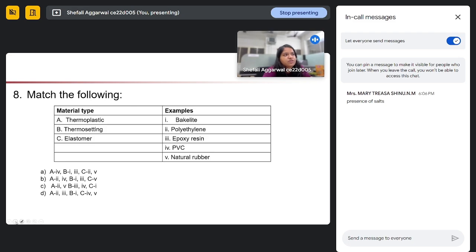It is match the following. We have thermoplastic, thermosetting, and elastomers, and these are a few examples. So what are the different examples of thermoplastic material? We have carbon long chains which have weaker bonds in between.